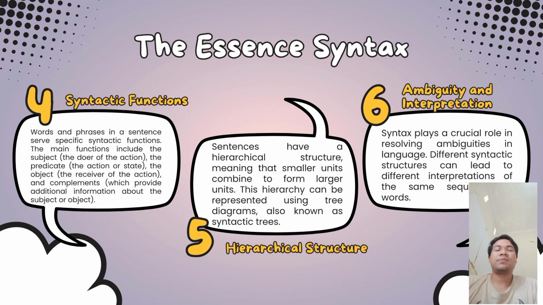Understanding these functions is essential for analyzing sentence structure. For instance, in the sentence "the teacher gave the student homework," the teacher is the subject, gave is the verb, the student is the indirect object, and homework is the direct object.